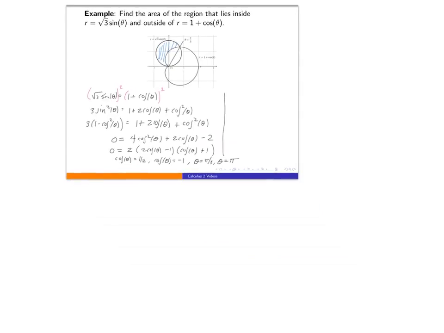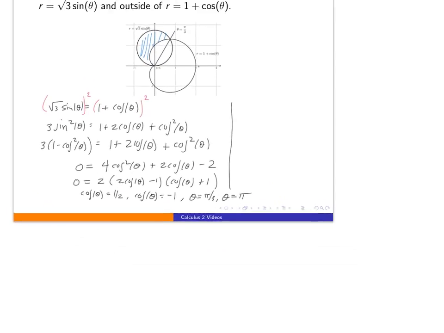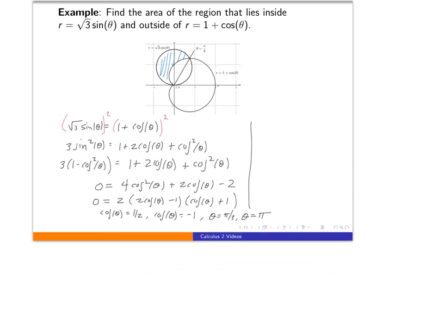So just giving ourselves a bit more room to work with here, the area enclosed is going to be from pi over 3 to pi, so that goes back to the theta values we determined. We're going to have a 1/2 out front from our formula. And the first thing I'm going to do is find the area enclosed by that circle. So that would be the square root 3 sine of theta squared.